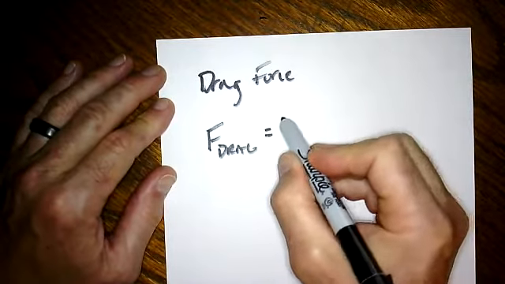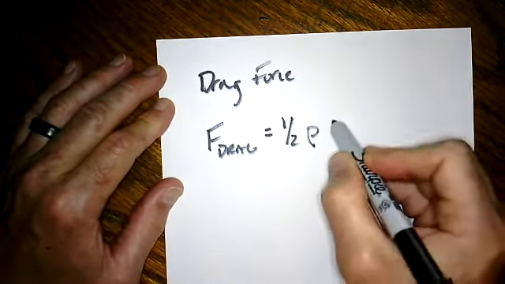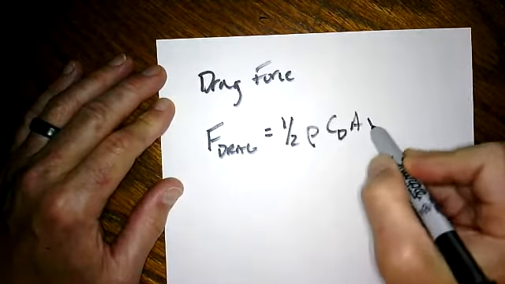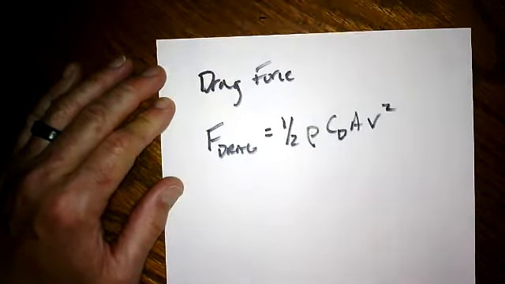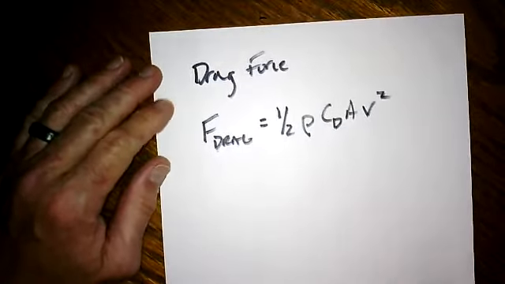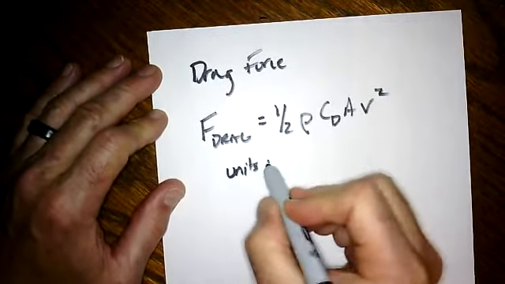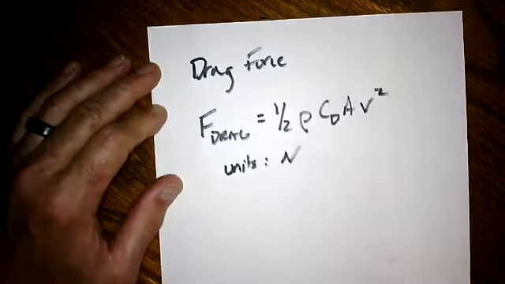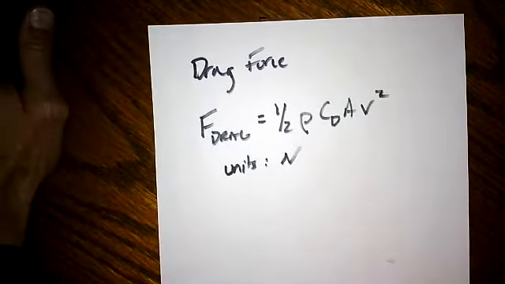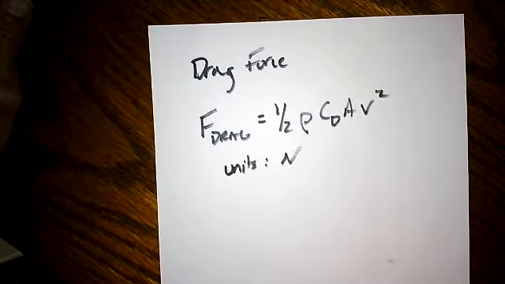But this equation is 1/2 rho CdA V squared. And you should know each of the elements in this equation, and you should know the units, no matter if we're talking about drag force in the air, drag force in the water, whether we're talking about drag force propulsion or resistance, units are always going to be newtons. Any force is units of newtons.